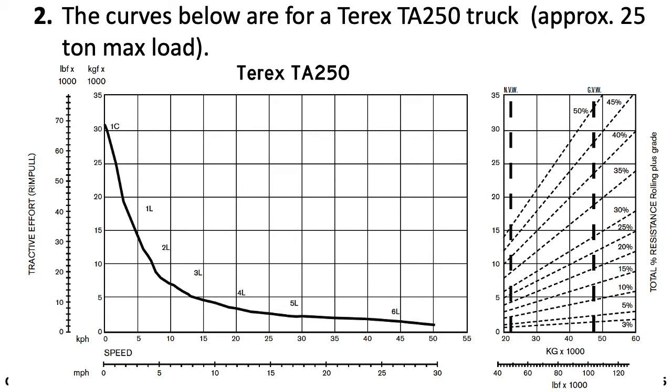First, you need to identify the resistance line, let's say 12%. Then you make the vertical line at a certain weight. Next step, you go horizontally to the gear curves, and finally go vertically down towards the speed axis to find the maximum speed.